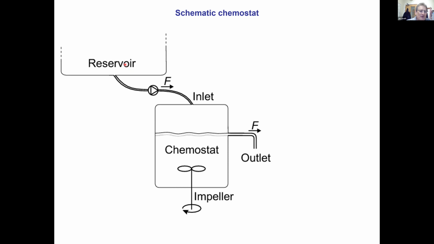You have a reservoir with a certain concentration of substrate, a certain medium that you're pumping into the system, and you're pumping out the liquid inside the system at the same rate. So you have an inflow and an outflow of the same magnitude, which is also the reason why the volume doesn't change. And then you're mixing the system, and inside the chemostat, bacteria will be growing, consuming the substrate that's pumped in, and the bacteria and the leftover substrate, any products, will leave with the outflow.